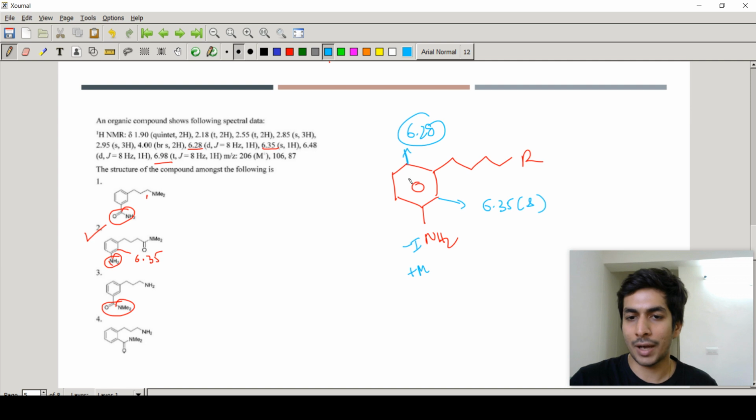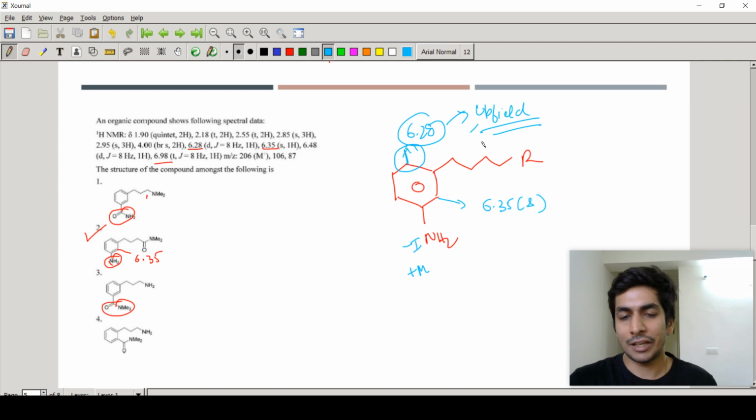So it will have plus M effect and minus I effect. But since it's ortho para, the minus I effect will not be significant at this position, so you can see that this value is even more upfield, at 6.28. That means it has even higher electron density, because the plus M effect is at full power, but the minus I effect is not able to reach that position, right? So based on this strategy, we can say that the correct answer is option number 2.